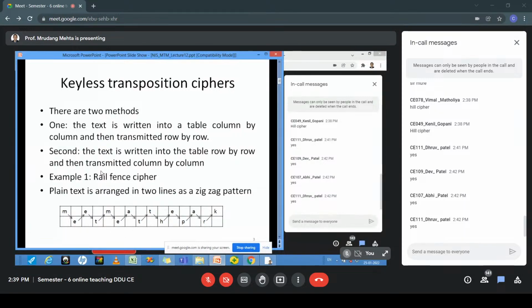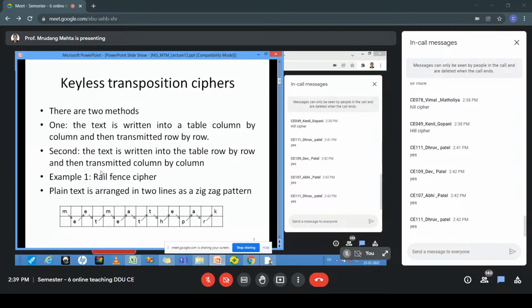Third character, third position, fourth character, fourth position, like that. So it is a zigzag pattern. So text is arranged in a zigzag pattern in two rows. Okay, two lines, we can say that.